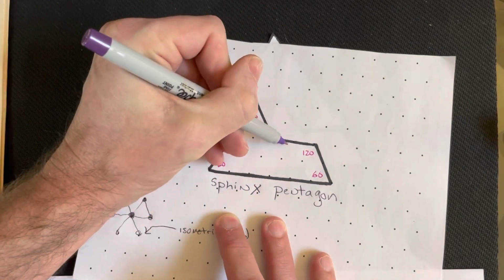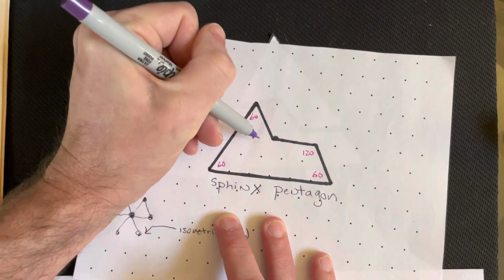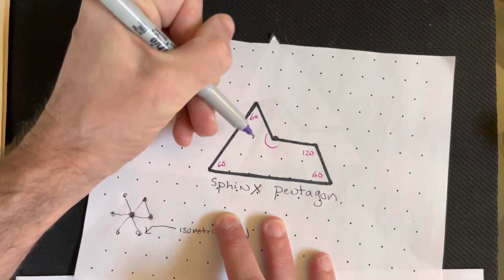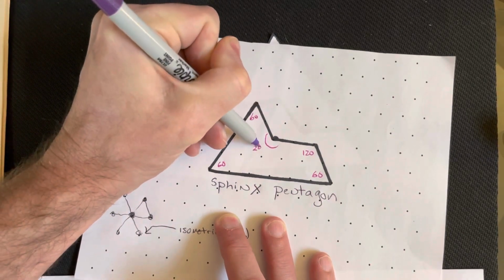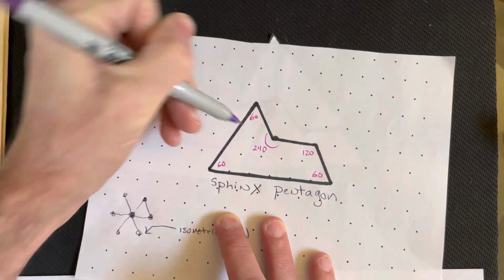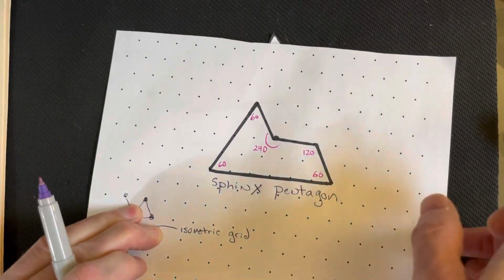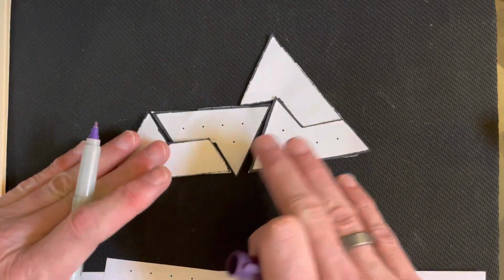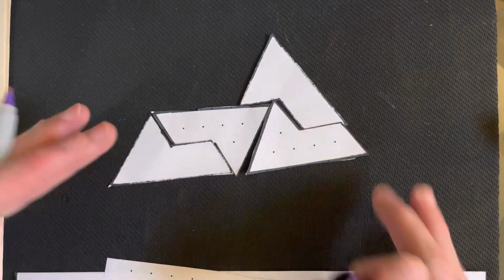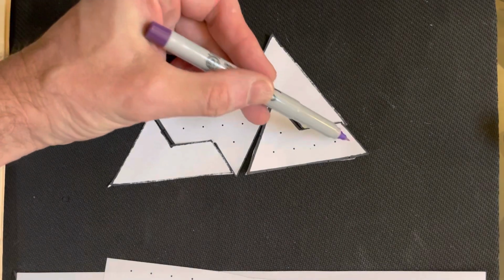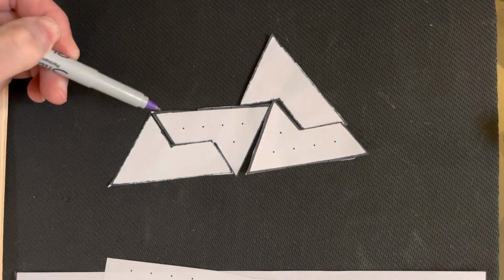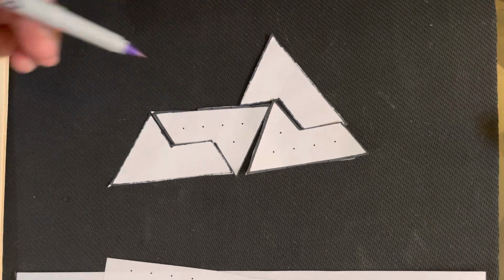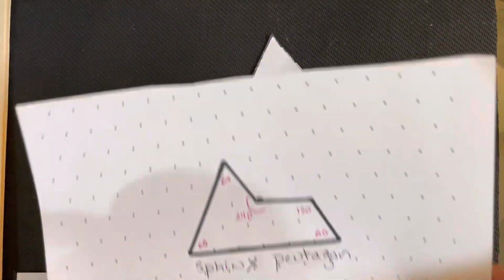And this angle here is 60, 60, 60, 60, so it's an angle of 240. Okay, and now in my larger one, the corresponding angles are the same: 60, 60, 60, 120, and 240. So the corresponding angles match up.